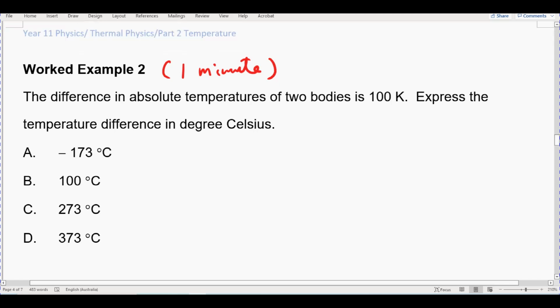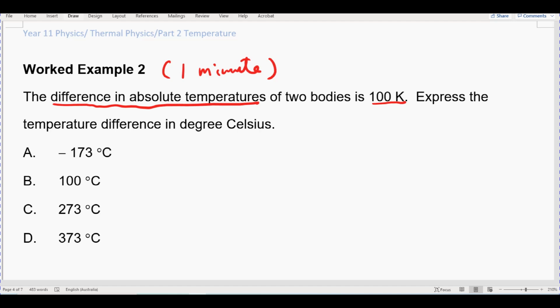All right, so the difference in absolute temperatures of two bodies. Here, difference in absolute temperature means the difference between two temperatures, one temperature take away another. So it's another kind of change in temperature, or another kind of delta T. How can you express the temperature difference in degrees Celsius?